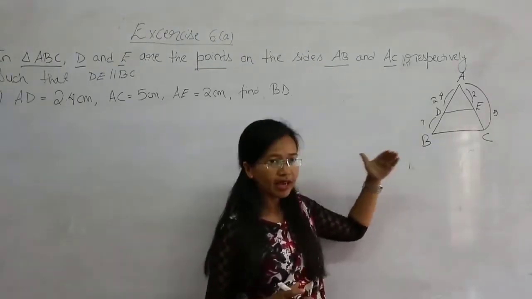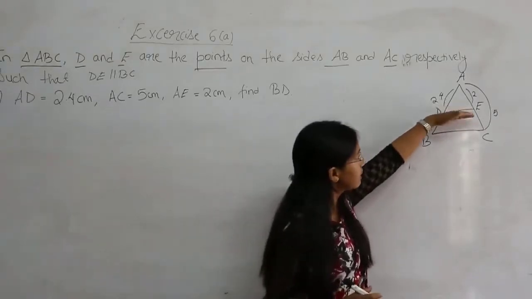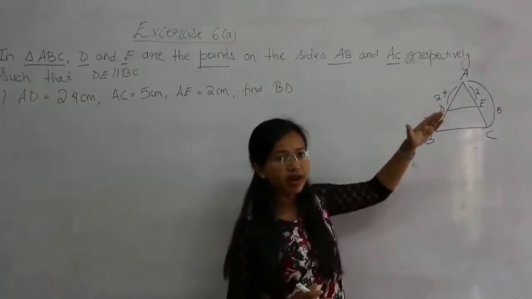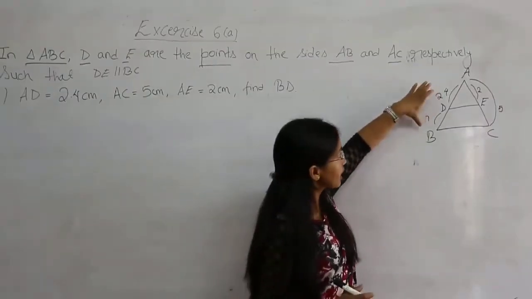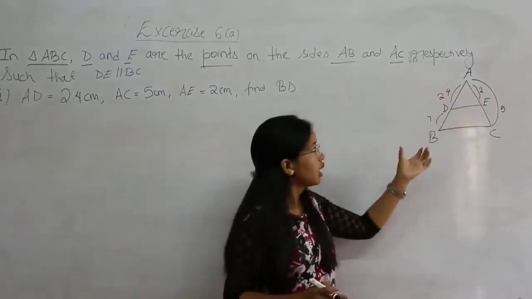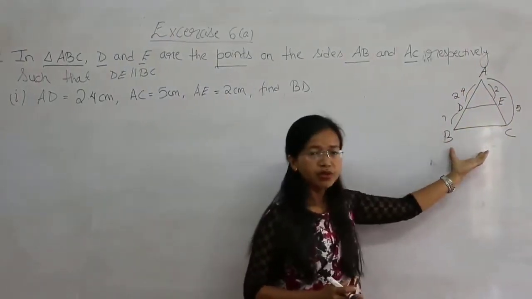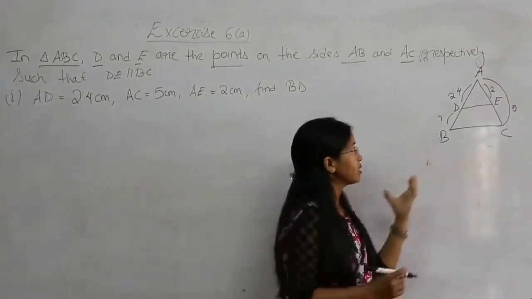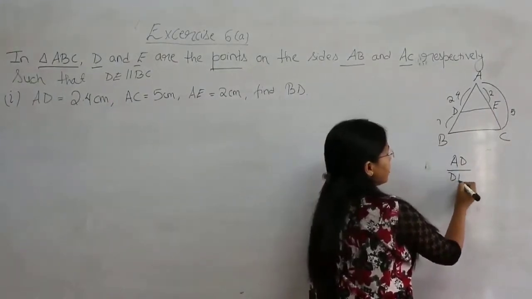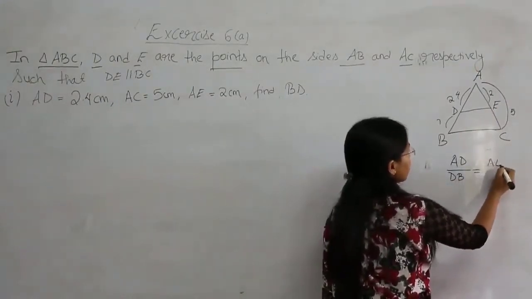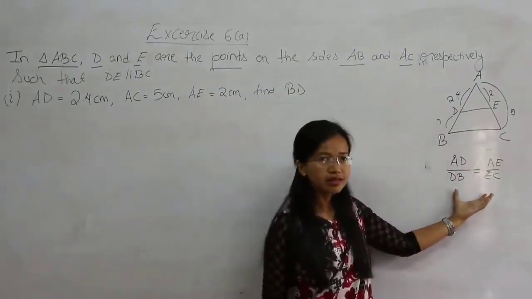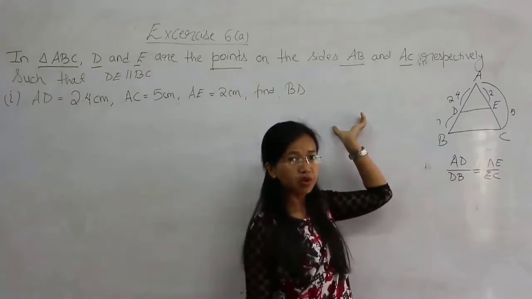Here also DE is parallel to BC, so the other two sides are divided in the same ratio. It means according to Thales theorem, we have AD by DB is equal to AE by EC.